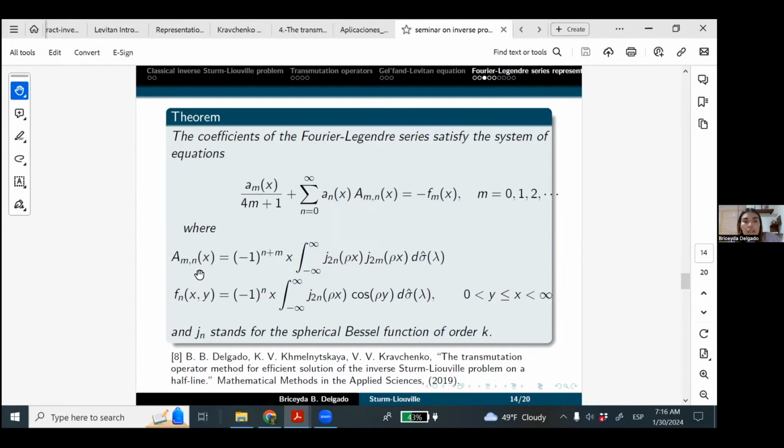The first one is the integral of the product of these two spherical Bessel functions, and F_m is equal to the integral of the product of the spherical Bessel function multiplied by the cosine function. Both are with the same density function that we saw in the previous slide. Okay, this result you can find in this paper. It was published in 2019.